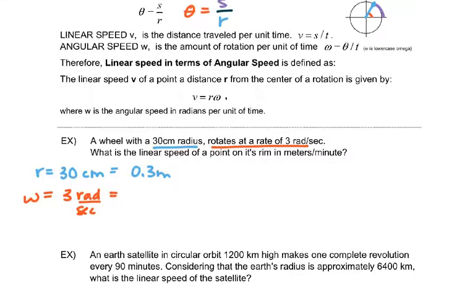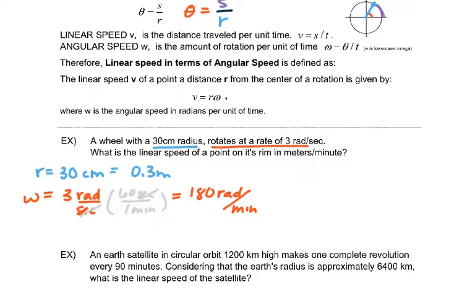So we multiply by a unit fraction here. We know that there are 60 seconds in 1 minute. And I put seconds on the top because I want that to go away. Multiplying that, I get 180 radians per minute.